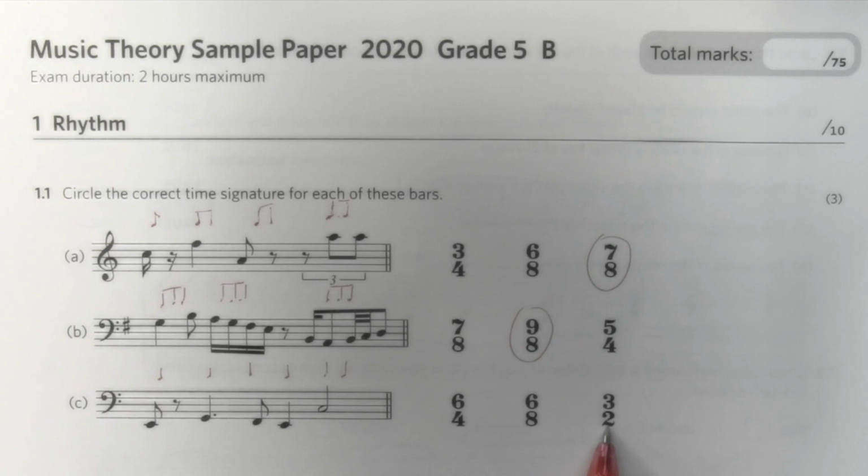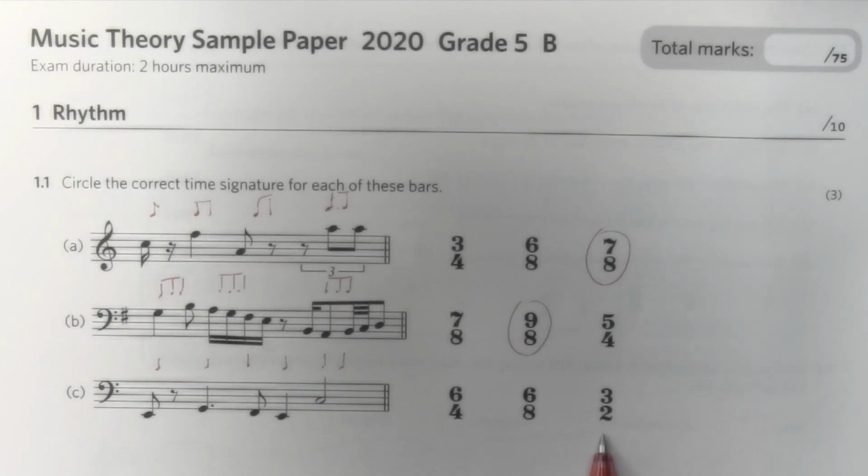And let's have a look. If the time signature were 3/2, we would have 3 minims, okay? 1, 2 and 3. In this case, look at these two. They are basically grouped together, and we can't put a dot between these two.